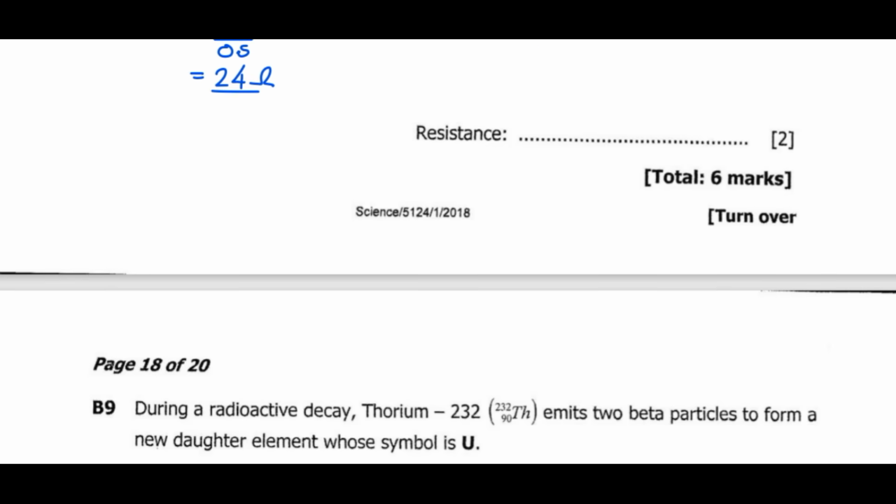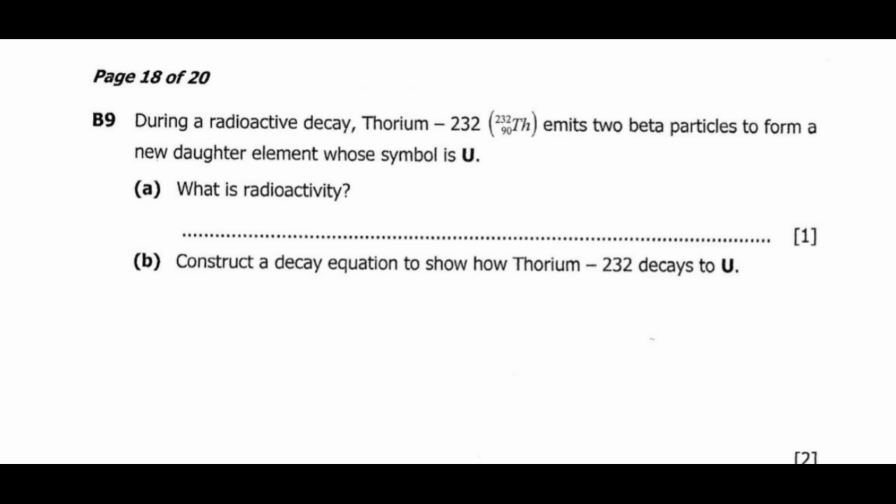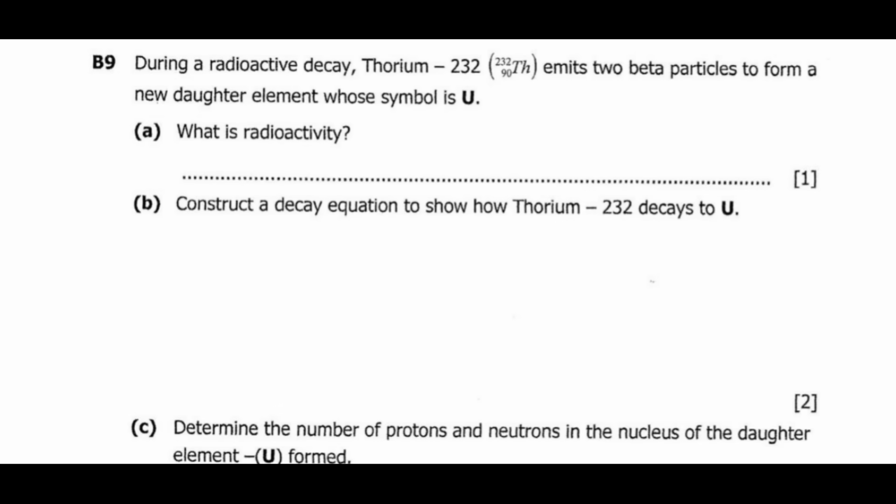Then we move on to question 9. So for question 9, during a radioactive decay, thorium with the mass number of 232, the atomic number of 90, emits two beta particles to form a new daughter element whose symbol is U. What is radioactivity?